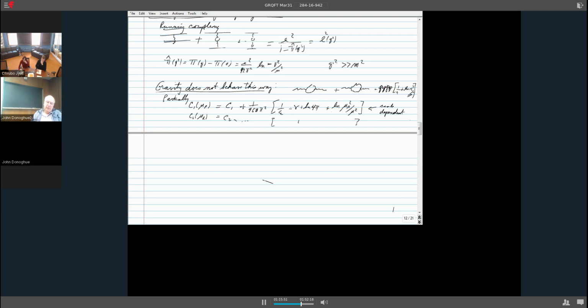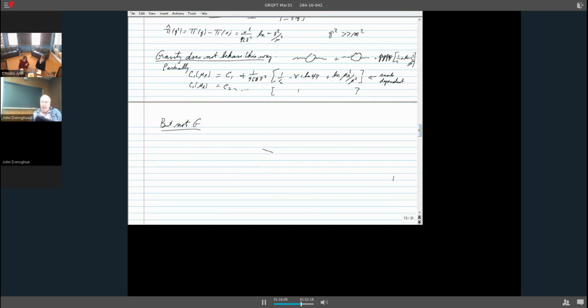And when we define C1 and C2, we actually have to define them at some renormalization point. This would be the bare ones, C2.